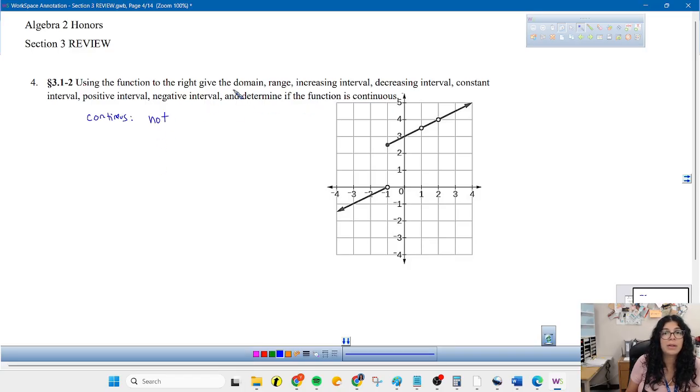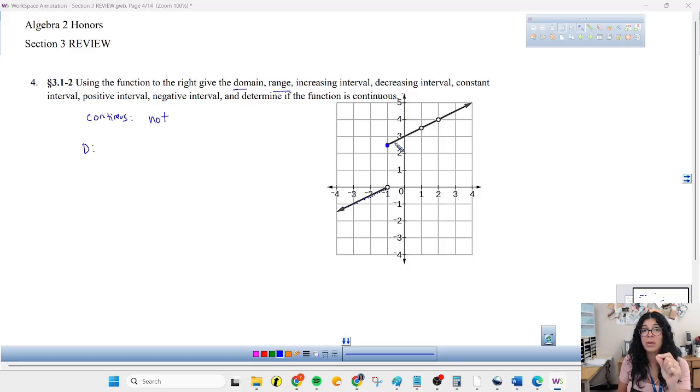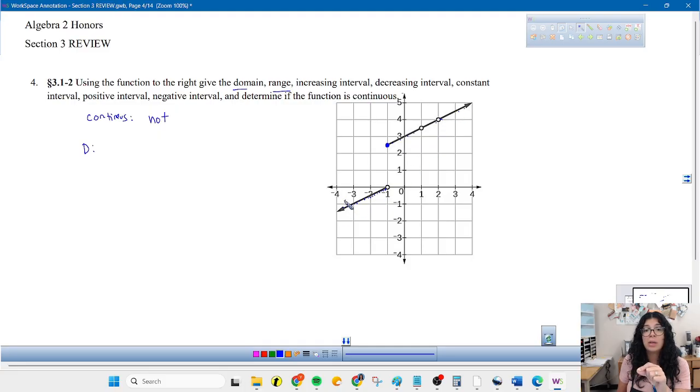Next up, let's go ahead and do the domain and range. For the domain, notice that we have points all the way through the left of negative 1. We have the x value of negative 1, and we have points to the right of negative 1 with an arrow. So you do have arrow on the left to arrow on the right.